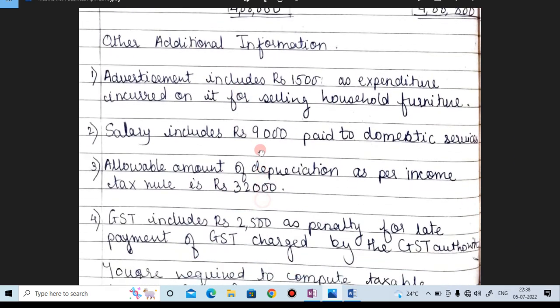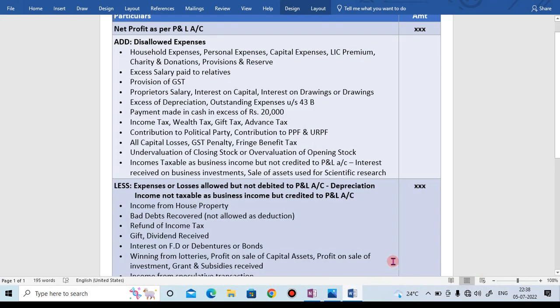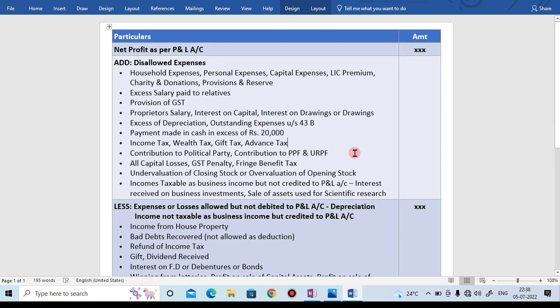Now first of all, how to solve this example, that is, computation of taxable income from business. In my last lecture I discussed the format of computation of taxable income from business. So this is the format, and as per this format we are going to solve this example.